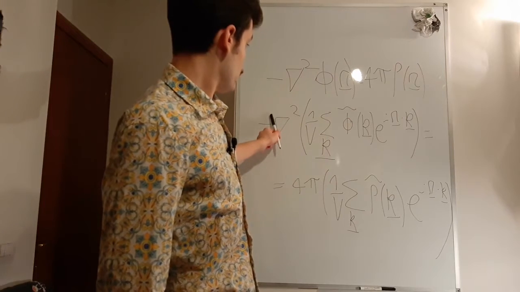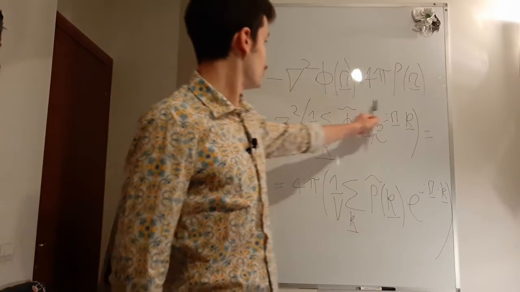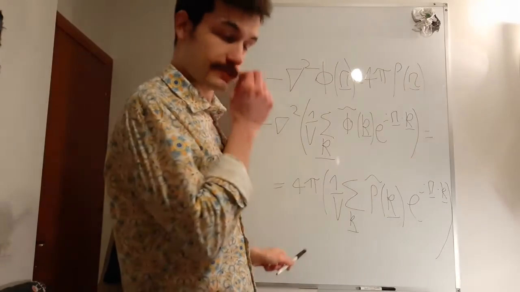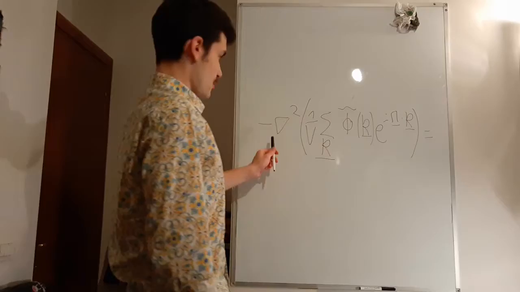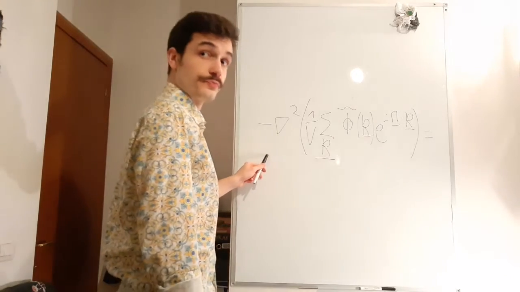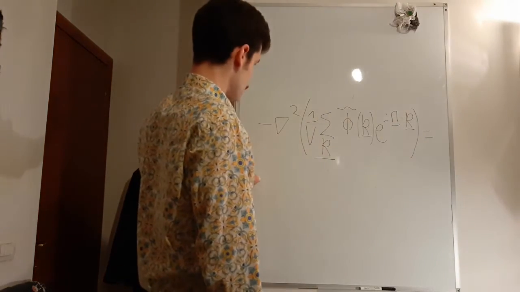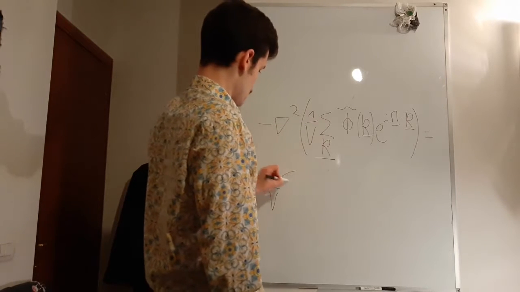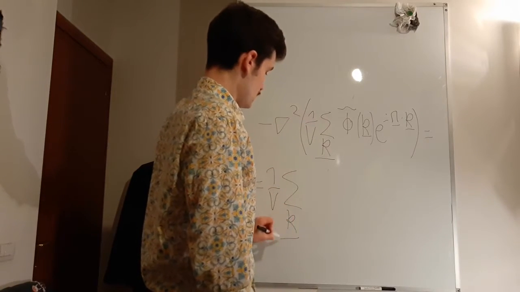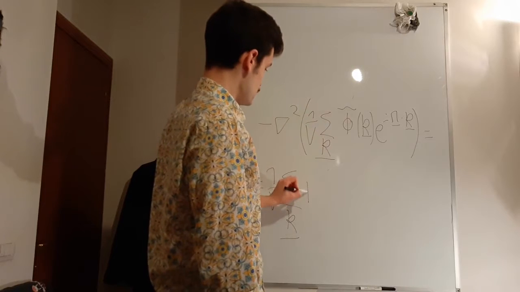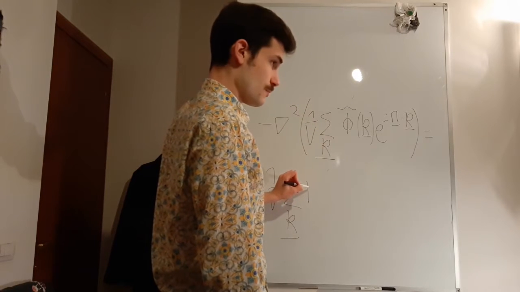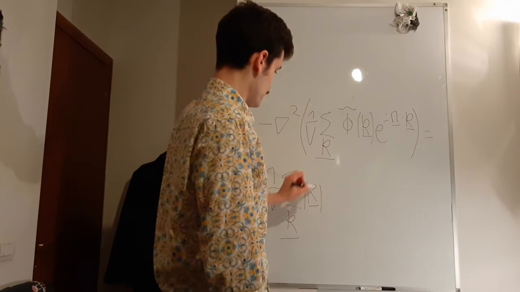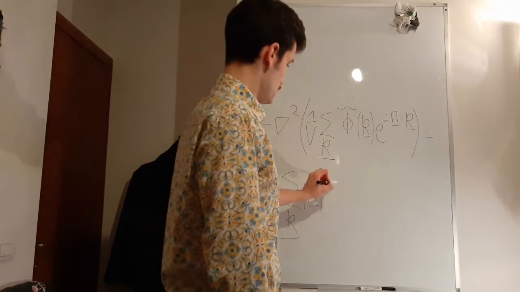The interesting thing is that we are able to do this differentiation very, very easily. In fact, this differentiation is equal to i times the vector of the reciprocal lattice, k, its modulus.